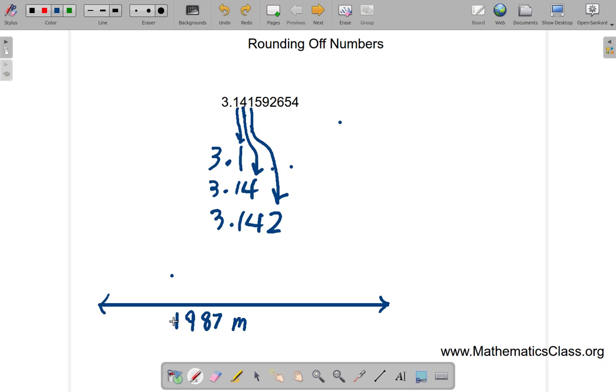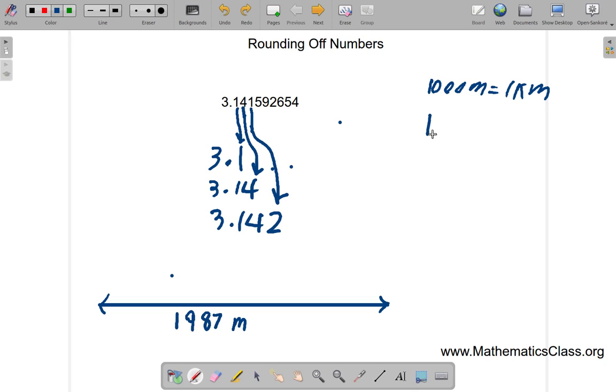But then you're asked to write it to the nearest whole number, or put the values in kilometers. 1,000 meters is equal to 1 kilometer. How do you write this to the nearest kilometer?